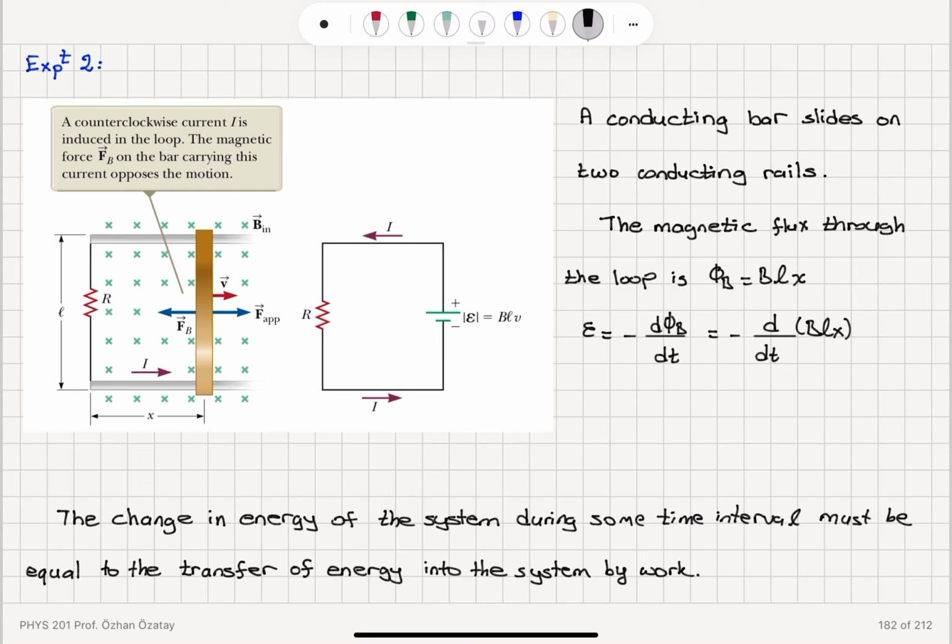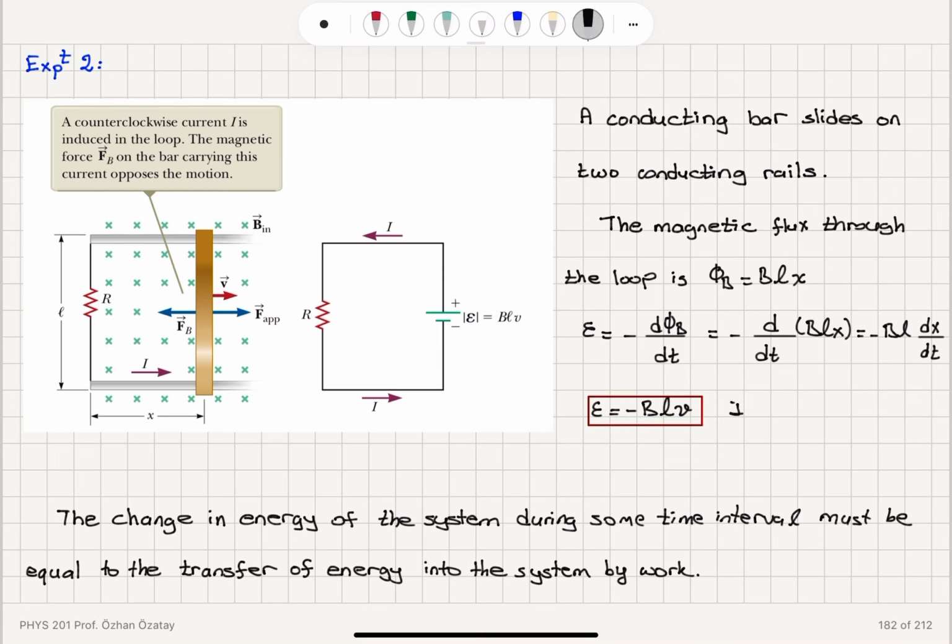Since the magnetic field and the length are constants, it is minus BL dx/dt, and dx/dt is precisely the speed of this conducting bar. So it's going to be equal to minus BLv. We can see that the induced EMF will be equal to minus BLv.